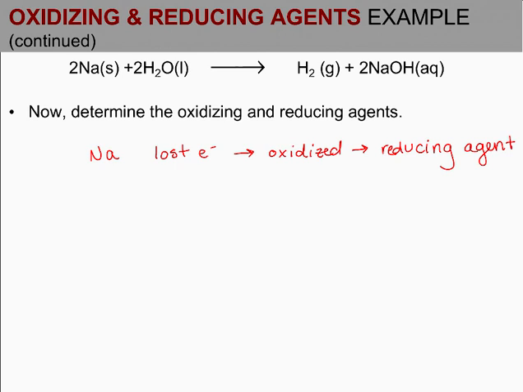And then for hydrogen, we said that H2O, or hydrogen within that molecule, gained electrons, which means it was reduced. So now it's the opposite agent, so it's the oxidizing agent.